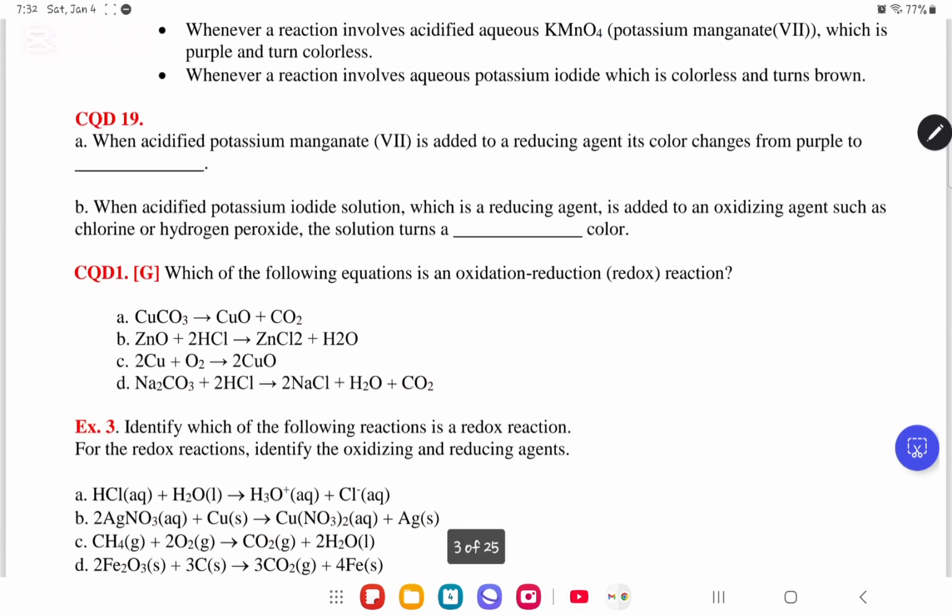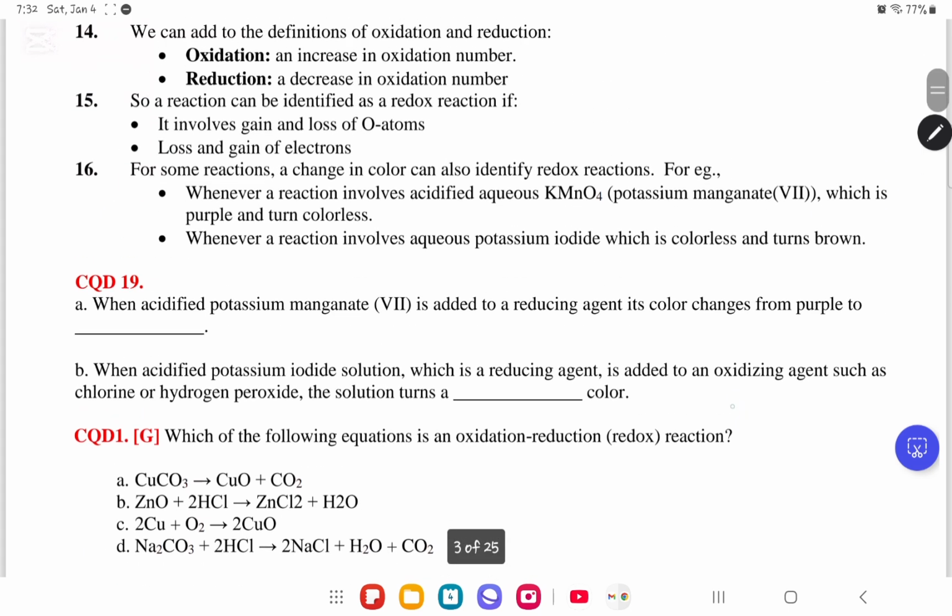Moving on to CQD number 19. We can read up just point number 16 because it's important for CQD number 19. For some reactions, a change in color can also identify redox reactions.